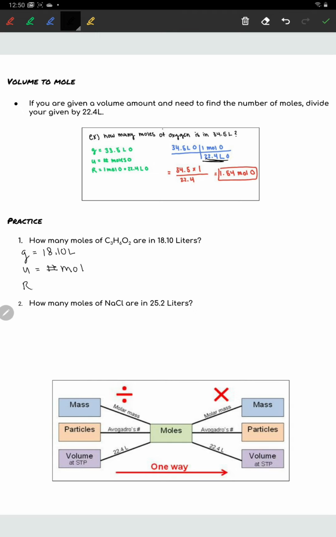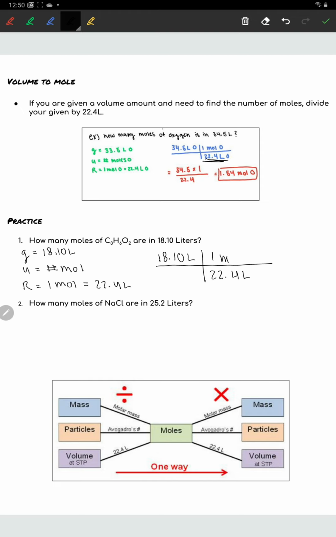And our relationship is that for every 1 mole, we have 22.4 liters. So now when we're plugging in, we have a liter value in our given. So that means that my liter value now needs to be in that bottom right quadrant. So that's why I'm putting the 22.4 there instead.